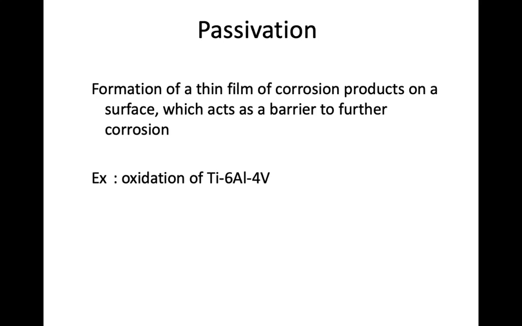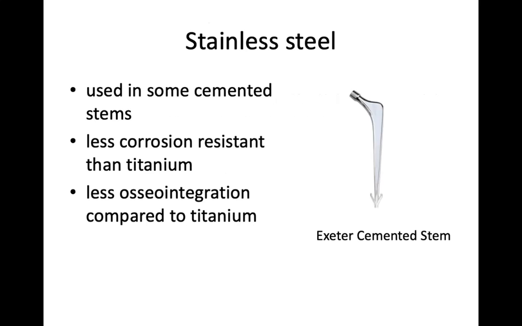And we're saved by passivation, which is formation of a thin film of corrosion products on a surface which acts as a barrier to further corrosion. For example, oxidation of titanium alloy. So if there's an oxide layer on the taper of a titanium stem, this reduces the galvanic corrosion between a titanium stem and a cobalt chrome femoral head. Let's talk about specific metals.